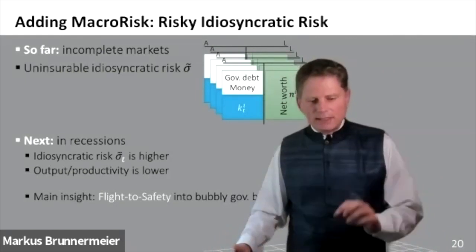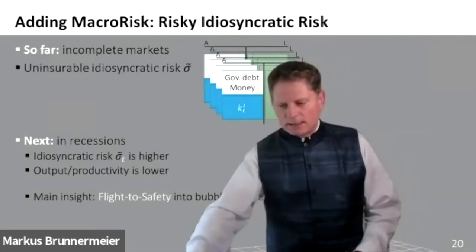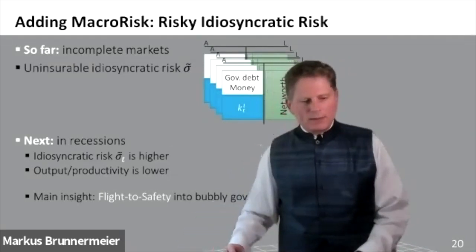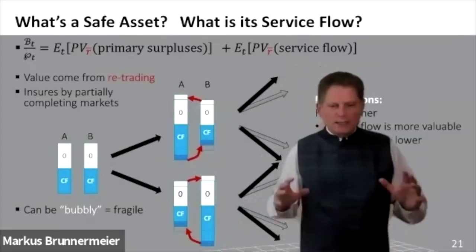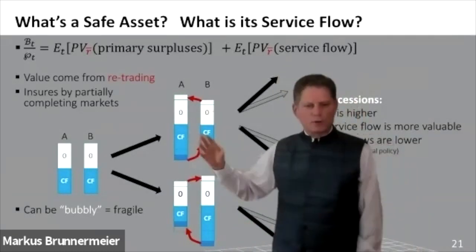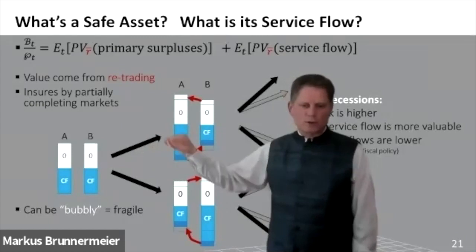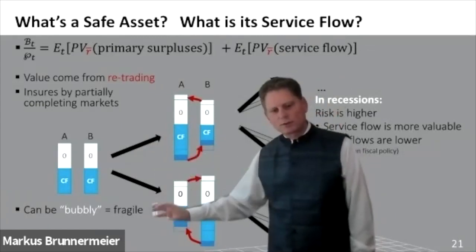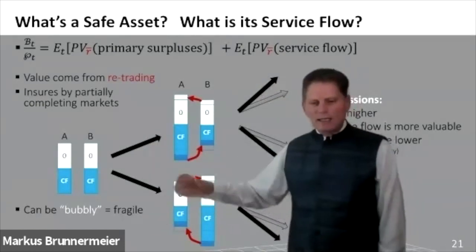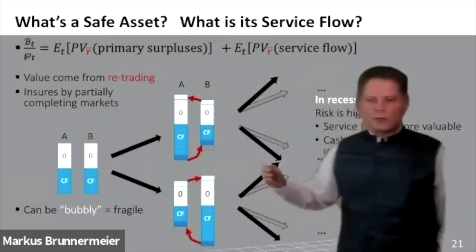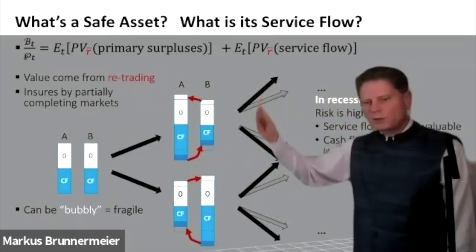Now, the new element I would like to introduce is the following. We have the same picture as before, Alice and Bob: whenever one suffers a shock, they trade this way; if the other one suffers a shock, they trade the other way, and so forth. And they have a shock of a certain size. But now if you go into a recession, the shock is way bigger.